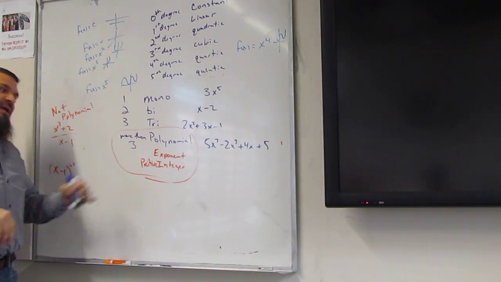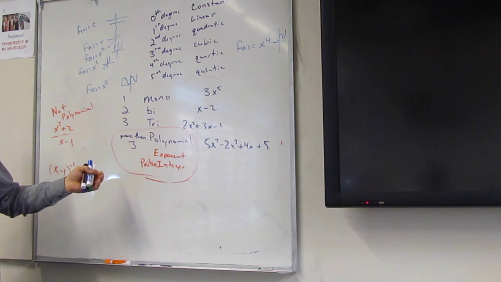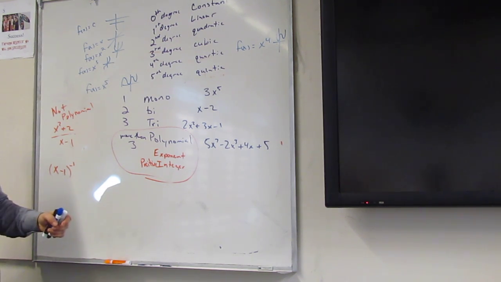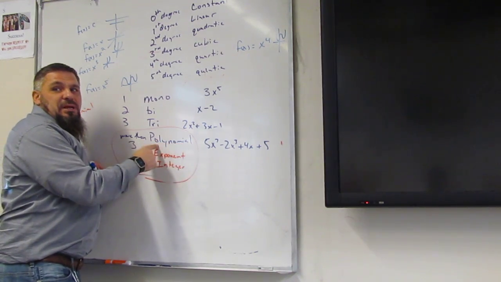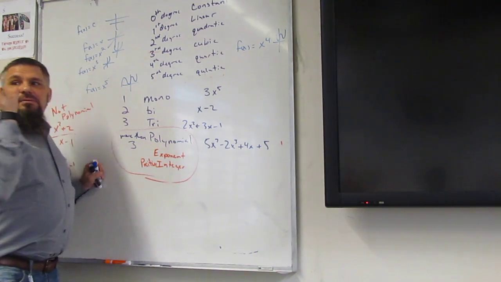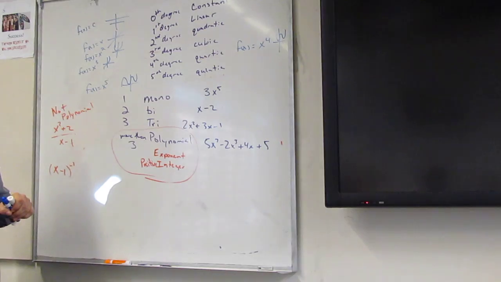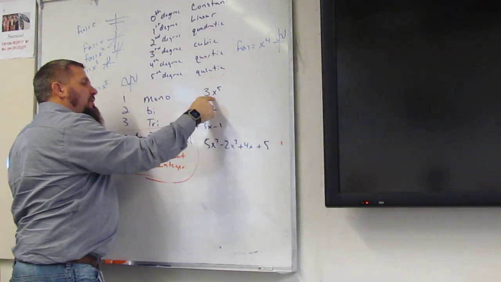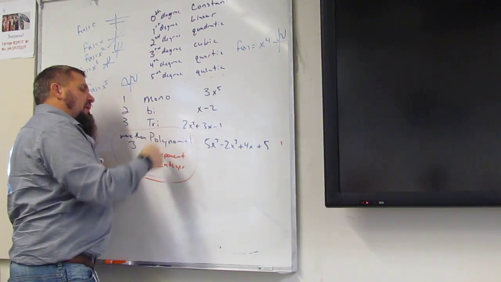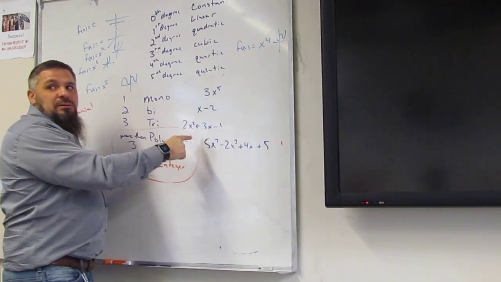Anything more than 3 is just called a polynomial. Poly meaning many. So many numbers, many terms. This is 1 term. This is 2 terms. This is 3 terms.